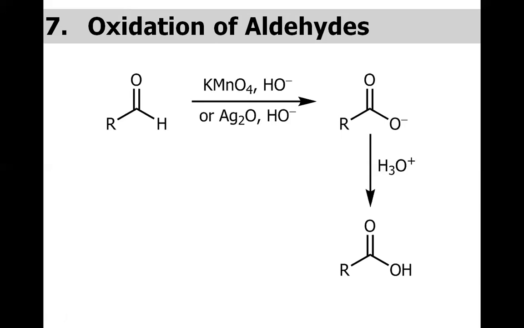If we treat the ketone with potassium permanganate under alkaline condition, we will not get the carboxylic acid. Either the reaction will not proceed, or the carbon-carbon bond of the ketone may break to have different small molecules. So in both cases, we will not get what we desire, that is the carboxylic acid.